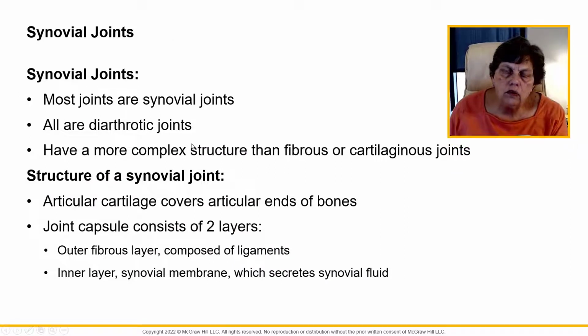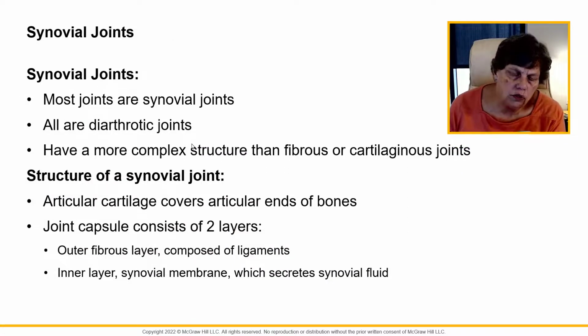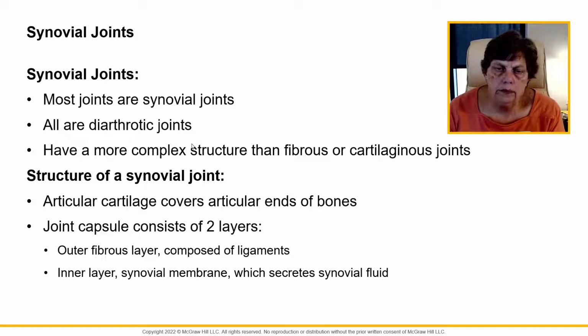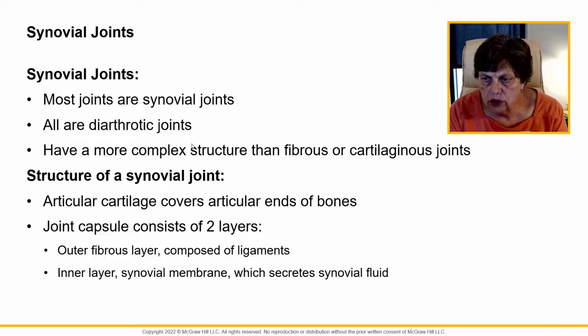The synovial joints, those are what most joints are, and they have a very complex structure. They have an articular cartilage that covers the ends of the bones. They have a joint capsule that is two layers. It's an outer fibrous layer and an inner layer.